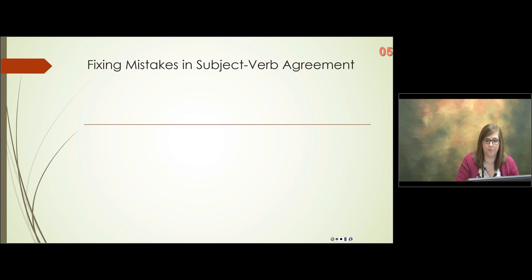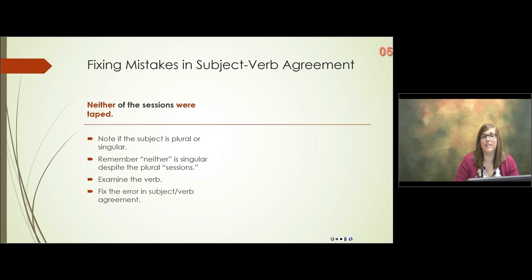Neither of the sessions were taped. I'm sure the sentence sounds great to most people. If I heard it in spoken English, I would think it's fine. But neither is singular. Neither is negating two singular groups, and in English we count it as 1 plus 1, not just 2.